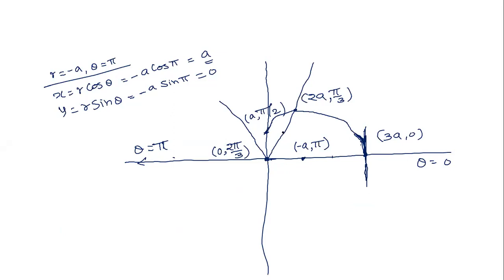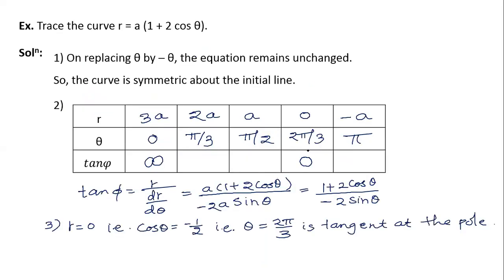Then after that, what is the nature? It could come from this side or that side, so there is much confusion, and for that, let us go back to this. We see here that theta equal to 2 pi by 3 is tangent at the origin.